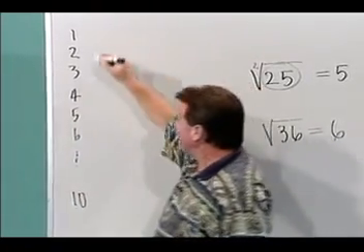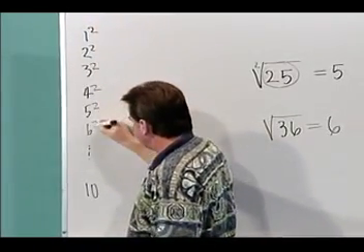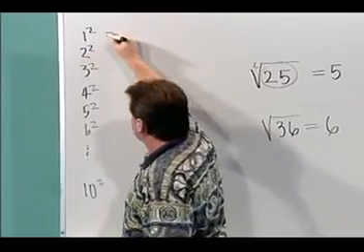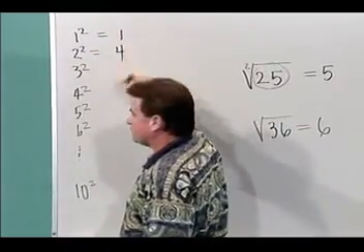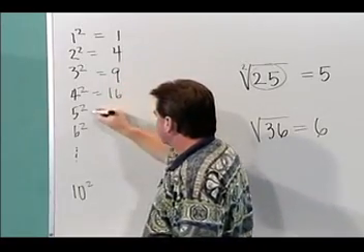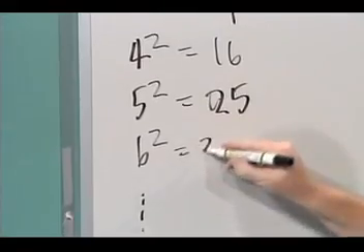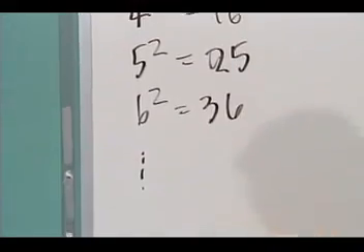Now, if I take each of these numbers and square them, 1 squared is 1, 2 squared is 4, 3 squared is 9, 4 squared is 16, 5 squared is 25, 6 squared is 36, and I keep going down that process.